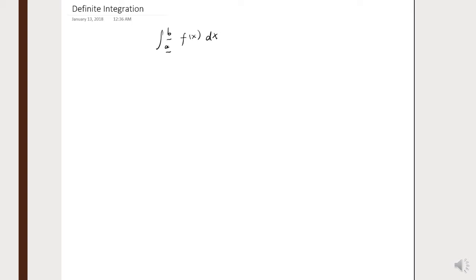Okay, let's look at this on the function graph. Now we have this function f(x).